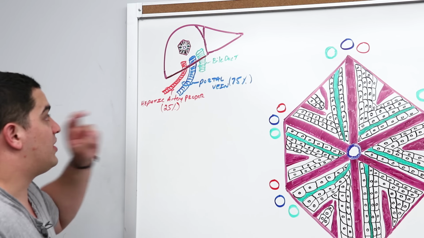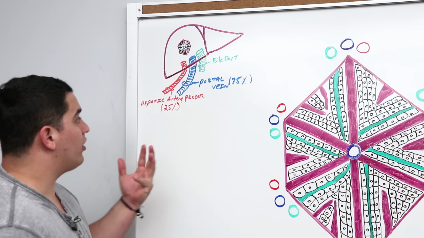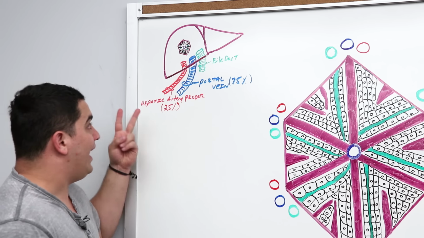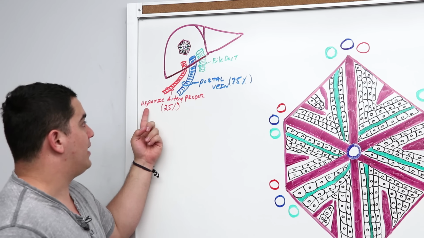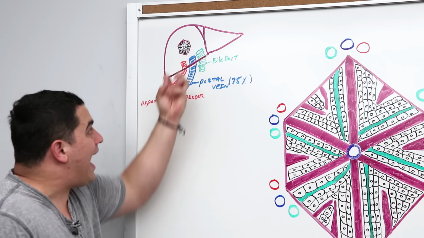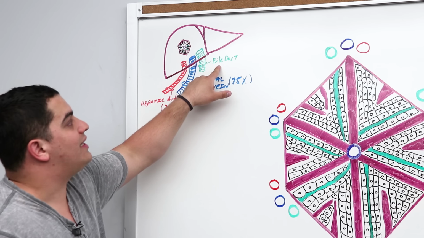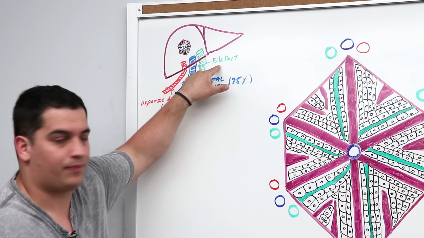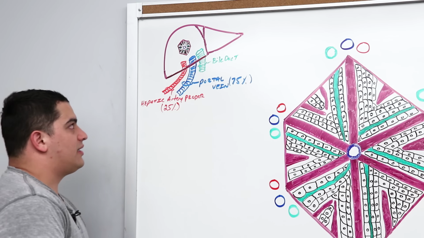So there are three specific structures coming through the porta hepatis. The ones going into the liver through the porta hepatis are the hepatic artery proper and the portal vein. The one coming out of the porta hepatis is the bile duct, specifically the common hepatic duct. Now here's the next thing I want you to understand.